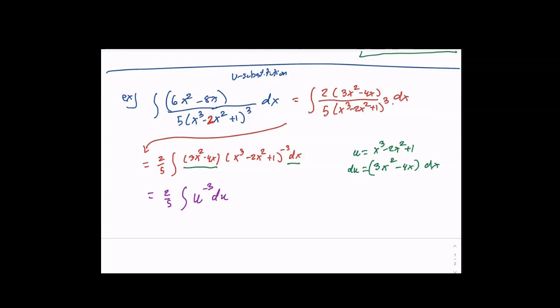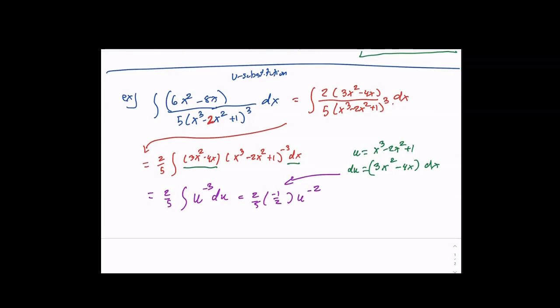After this, at least in last night's homework, tonight's homework, tomorrow's homework, this step will always look the same. And that's the one thing that we got to feel comfortable with, especially on these problems where they're always the same. And so now I get 2/5 parentheses u to the -2, just like I had said, over -2.